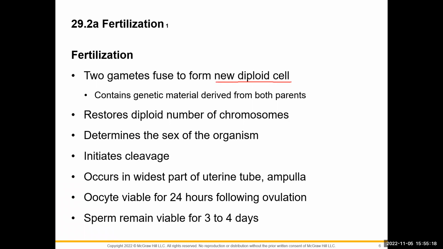That newly formed structure has genetic material from both mother and father; both parents have provided the new organism with genes. At that point we are no longer haploid; we now have our diploid number of chromosomes. At the same time, we determine the sex of the organism, whether it's XX or XY.